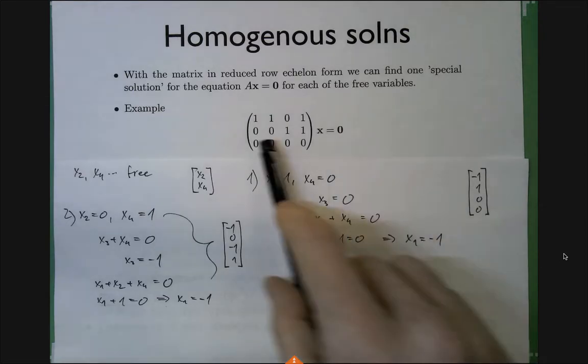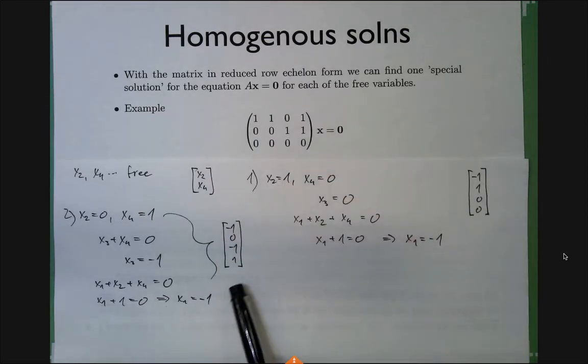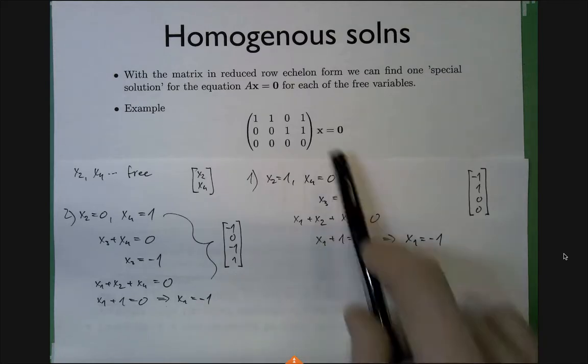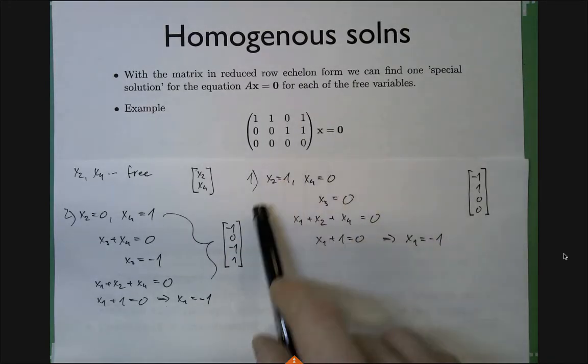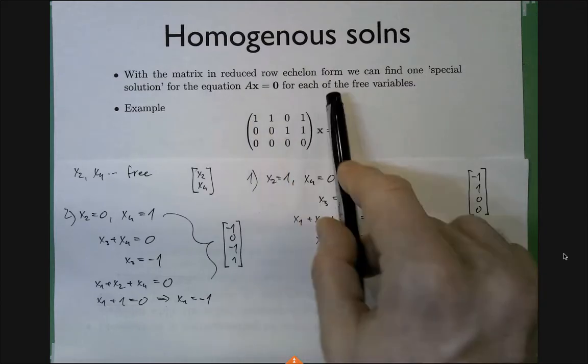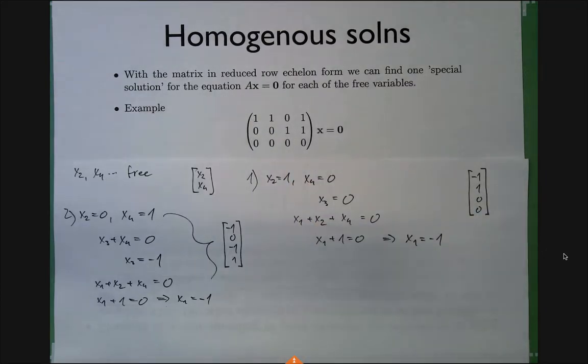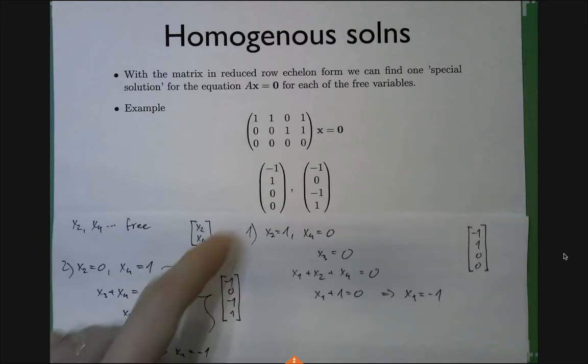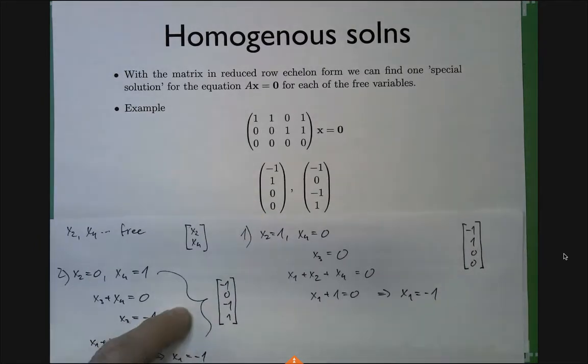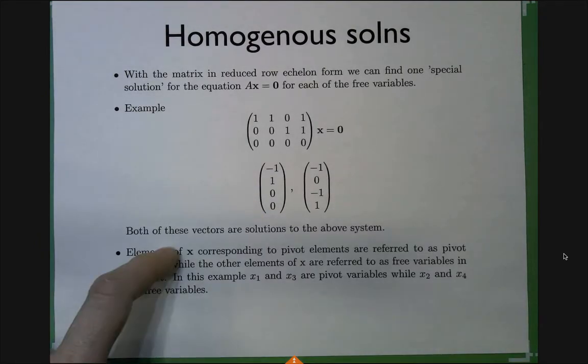Let's check it. If I multiply with the second row, I get minus 1 plus 1, that's 0. If I multiply with the first row, again, that's minus 1 plus 1, it's also 0. So another perfectly valid solution. Those are my solutions.